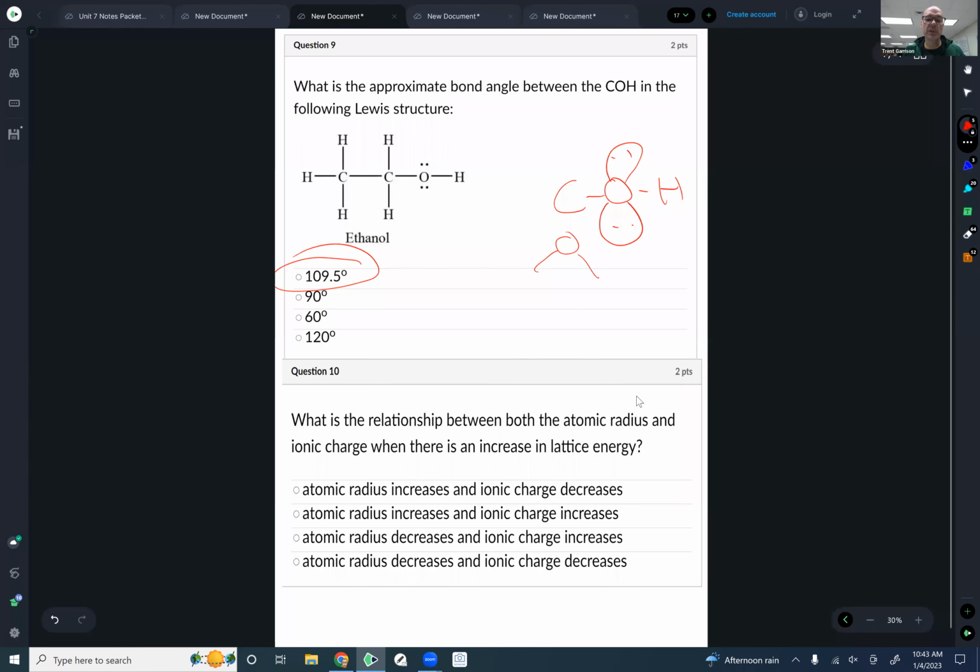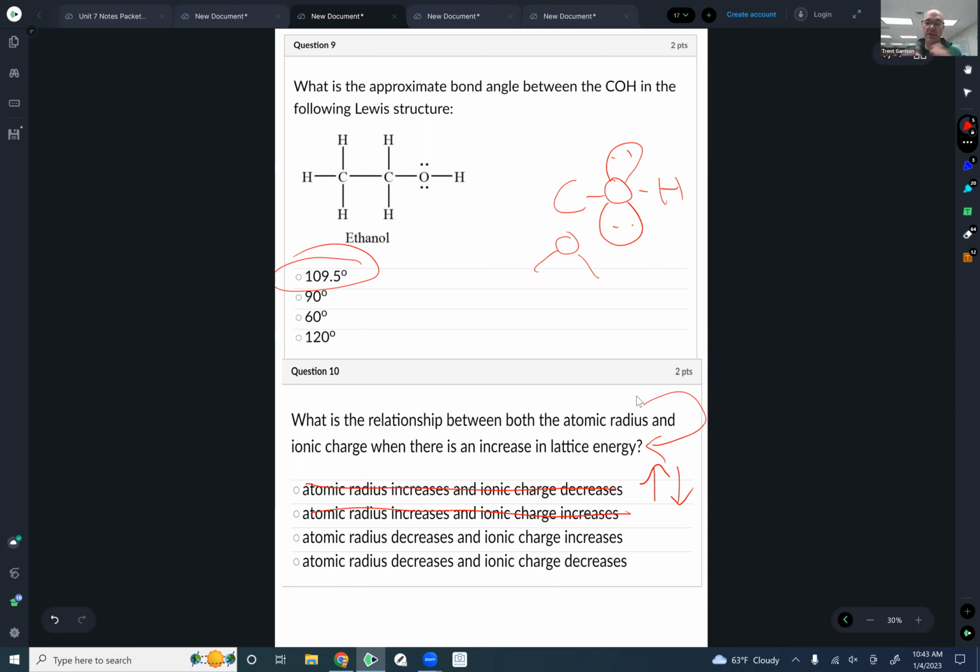What is the relationship between both the atomic radius and the ionic charge when there is an increase in lattice energy? So what that means is that the atomic radius, it's harder to pull apart. The lattice energy is going to increase when the atomic radius decreases. So these are going to be out.